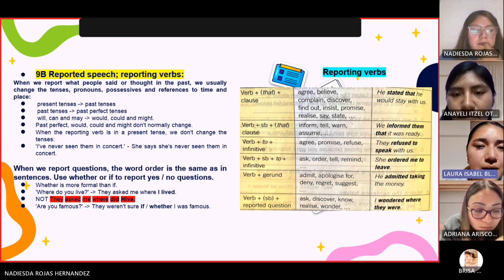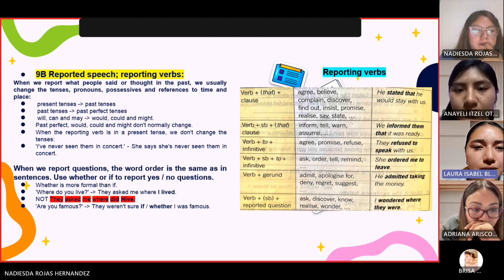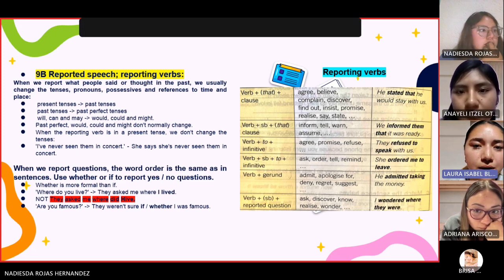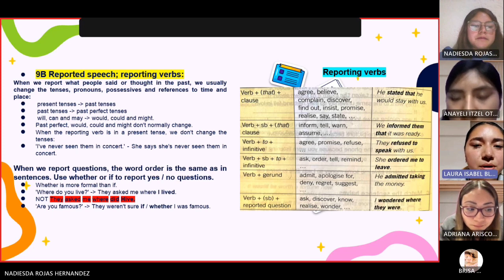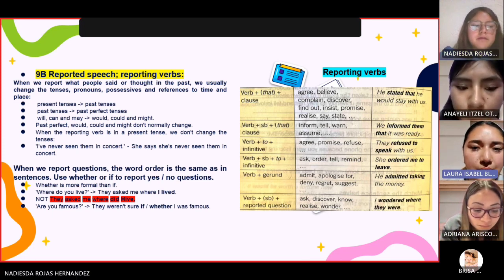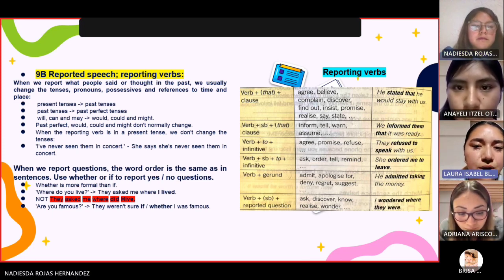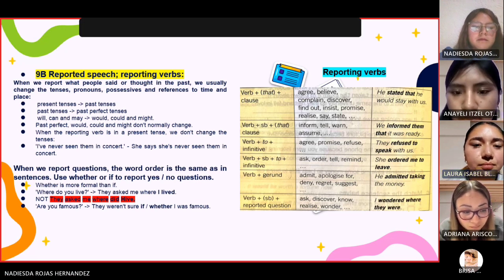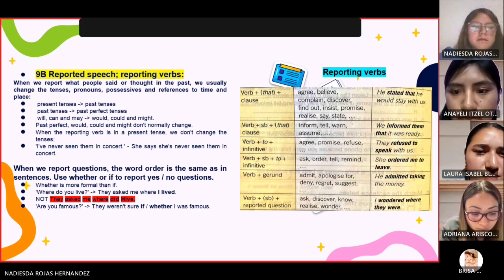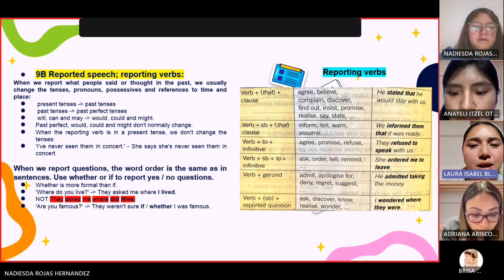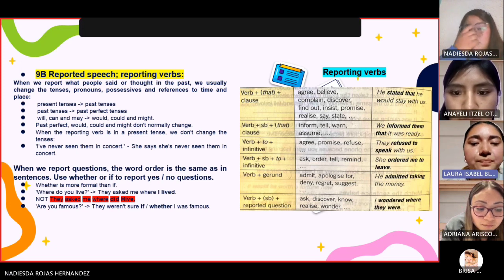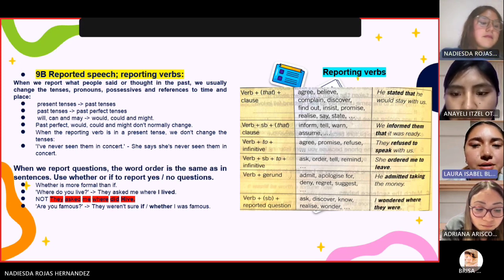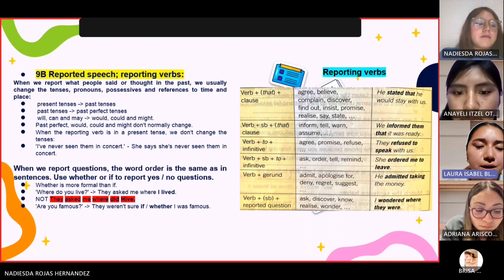Will, can, and may become would, could, and might. Past perfect, would, could, and might don't normally change. When the reporting verb is in a present tense, we don't change the tenses. She says she's never seen them in concert.